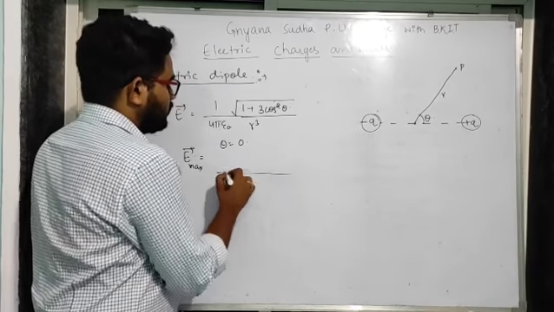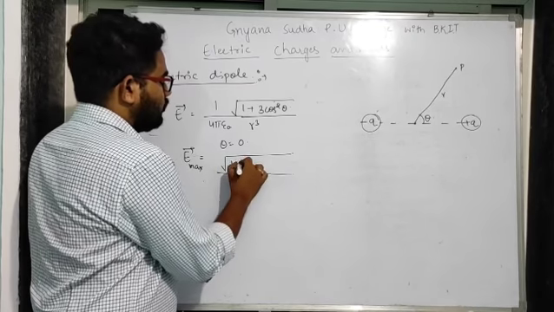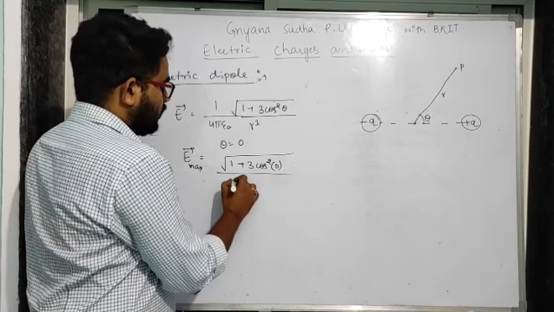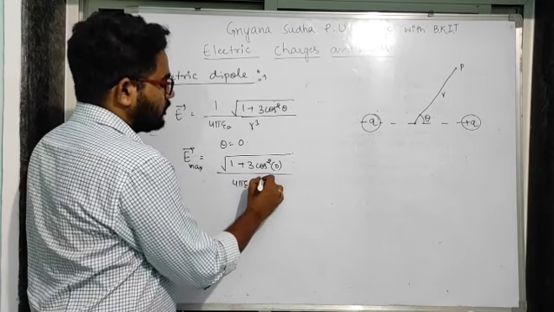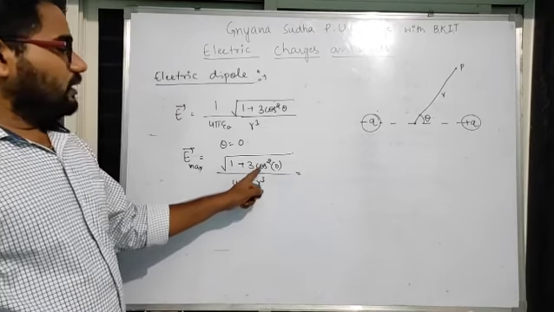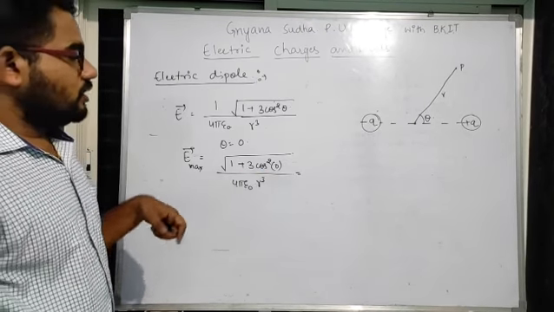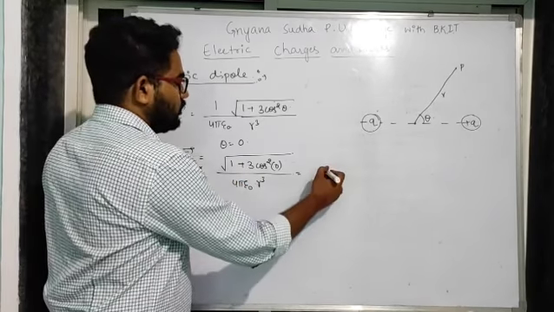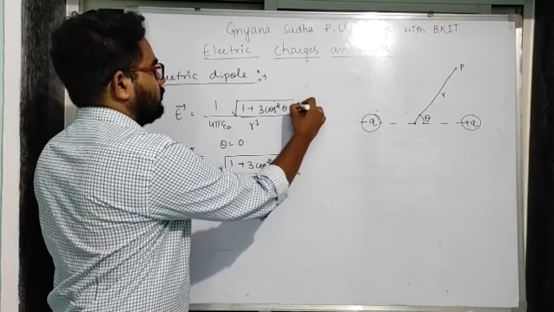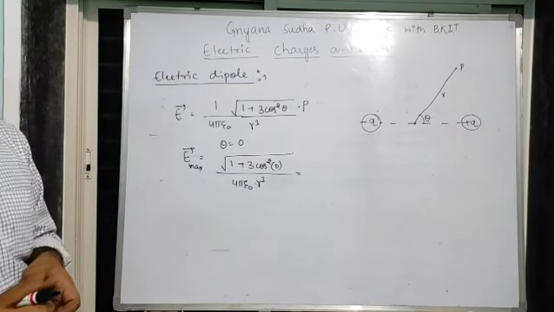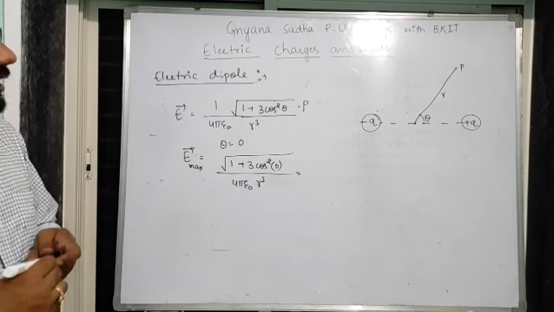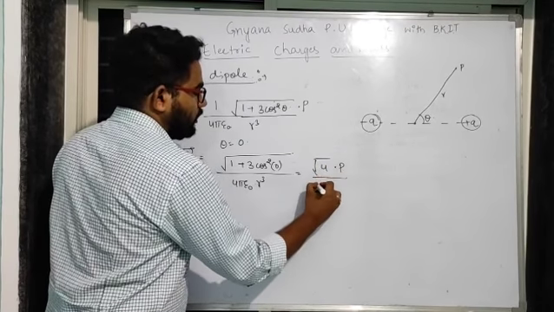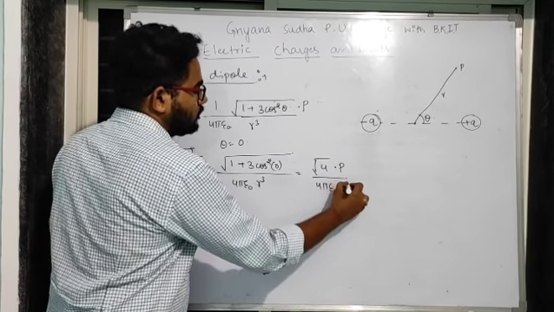Putting this in, we get under root 1 plus 3 cos square 0, that is under root 4 into p divided by 4 pi epsilon naught r cube.